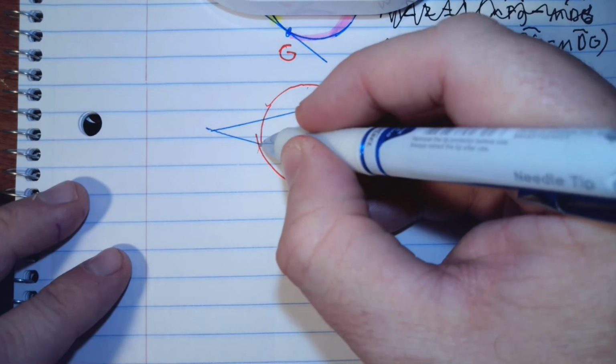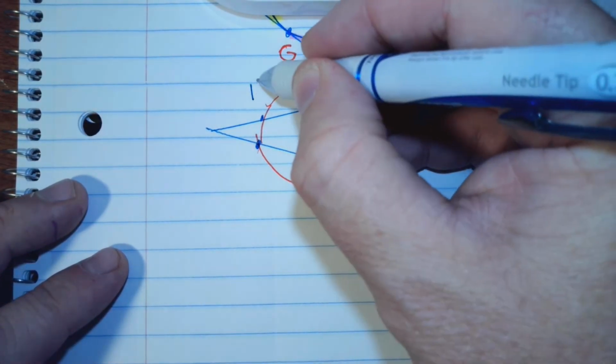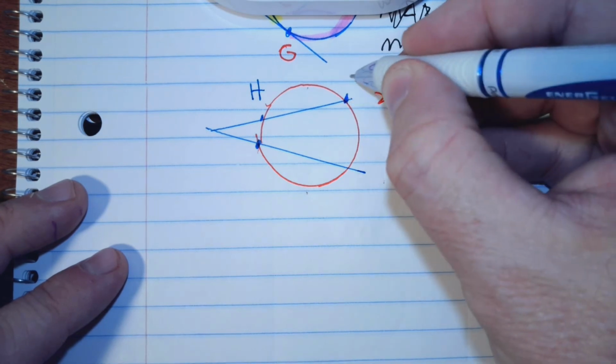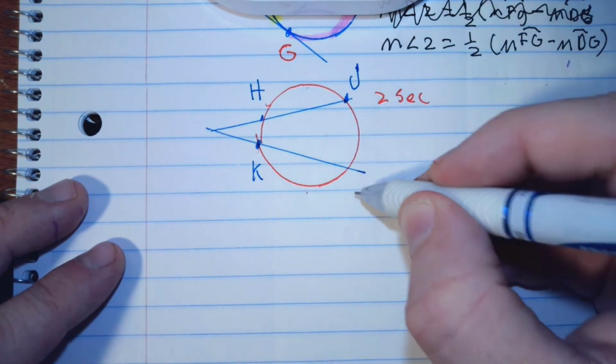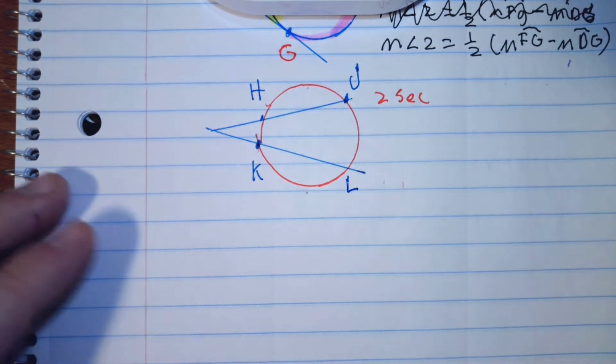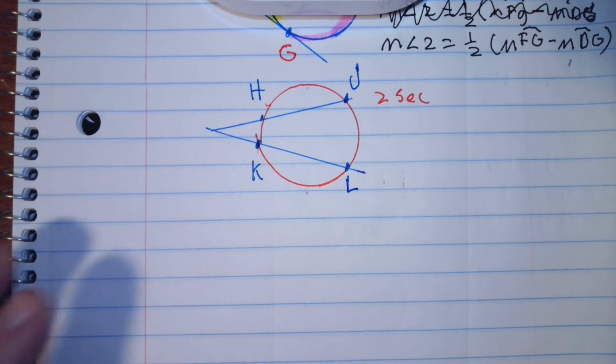All right, so I'm going to call this H, J, K, and L. I is also something in number, so I usually try not to use an I. You'll do that in algebra 2.